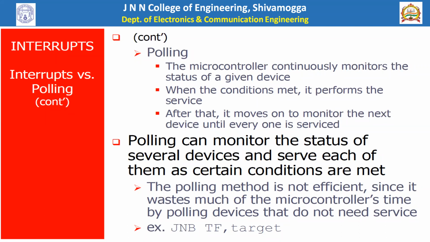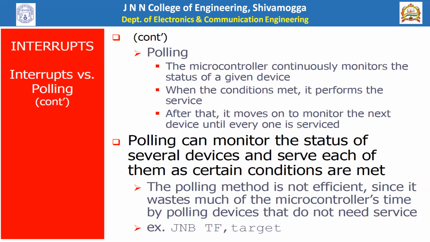What do you mean by jump no bit TF target? TF is nothing but the timer flag, whether the timer flag is set. When the count loaded in the timer has elapsed, the timer flag is set. So the microcontroller is continuously checking the timer flag, and it is wasting its time. So the polling method is not efficient.